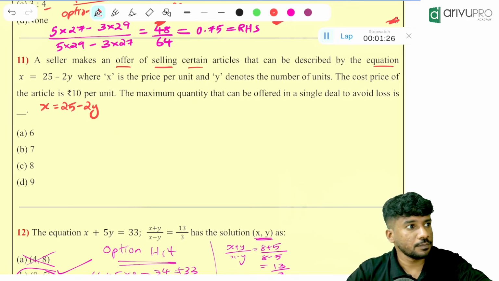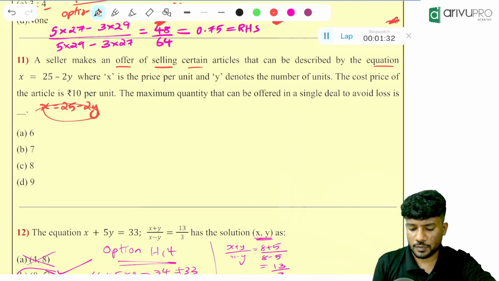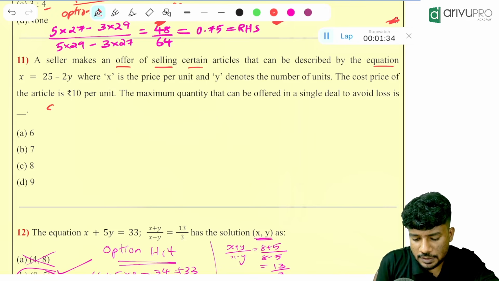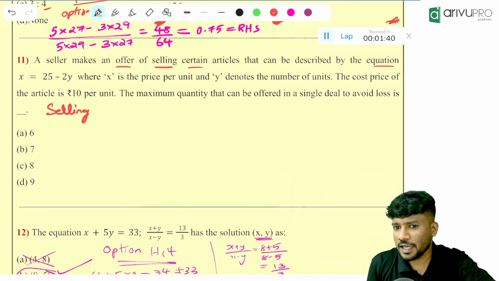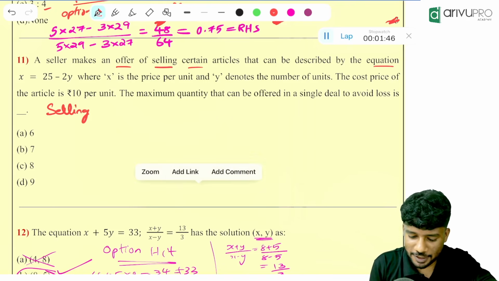Shall I try? Yes. Can I try, everyone? So what is given? First, the selling price equation is given. Selling price, for commerce students, how will you call it? SP. Have you studied that? Yes, selling price. Cost price, how will you call it? CP.